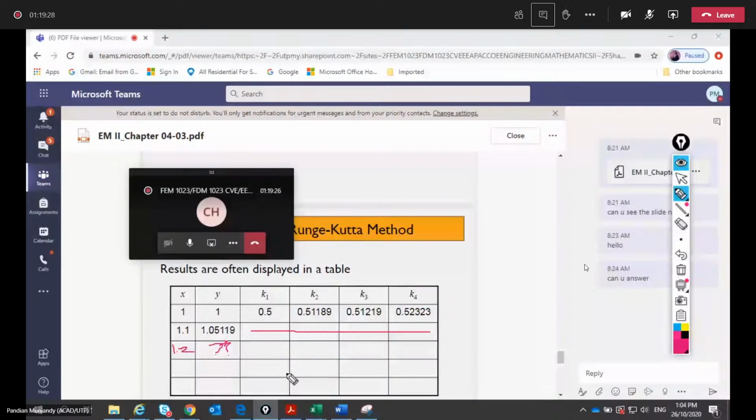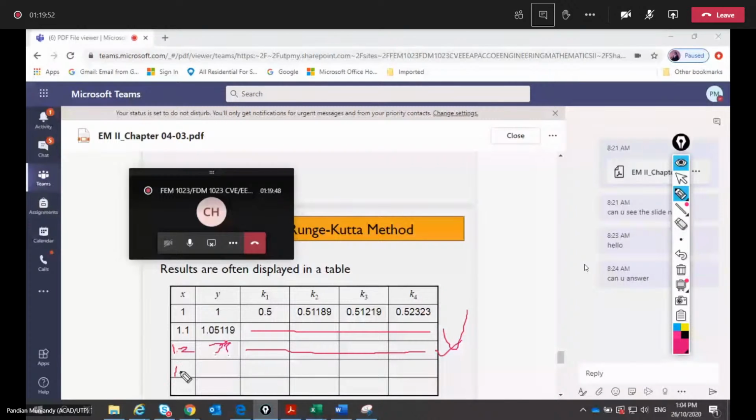After you fill up, you already found K1, K2, K3, K4 for x 1.1, y 1.05119. You calculate your new y at 1.2. And then you fill up all this. After you fill up this and then this, you calculate your y at 1.3.